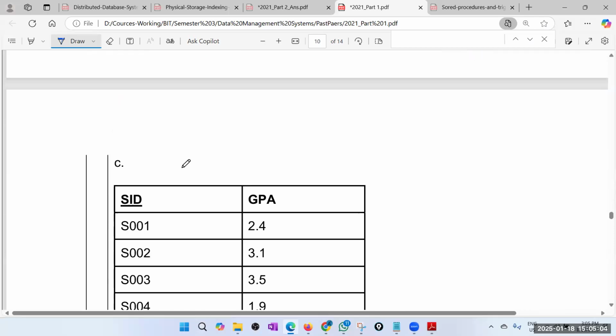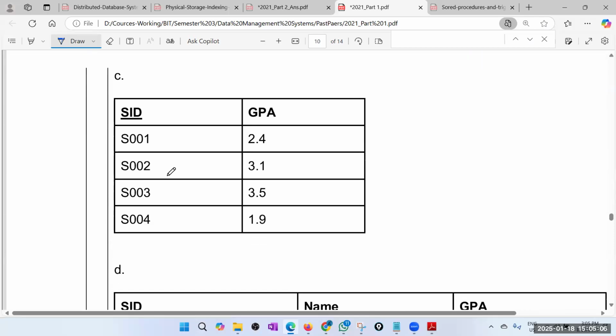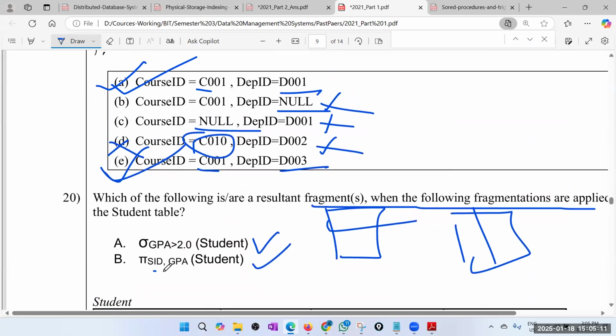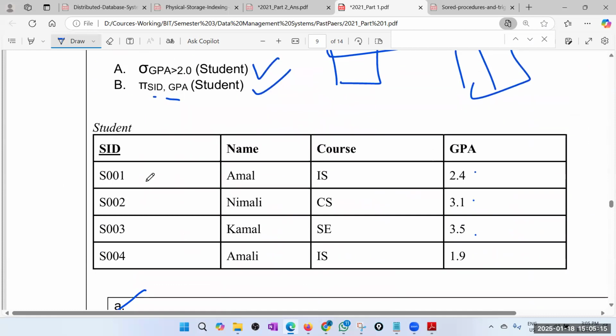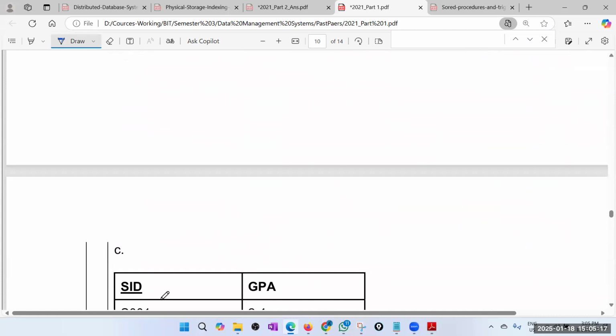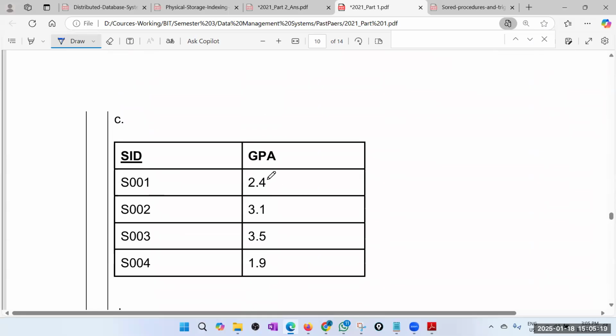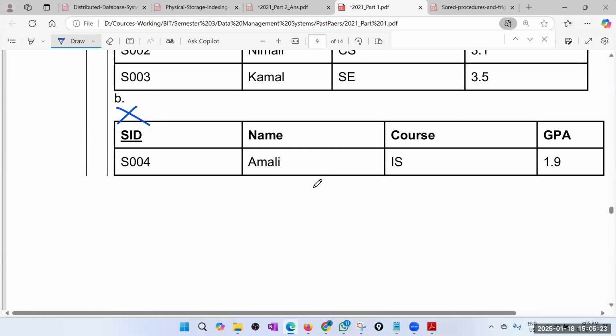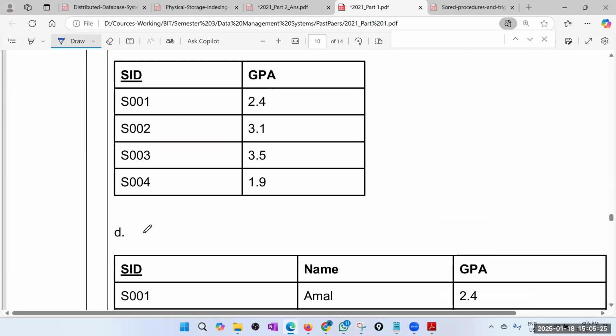C. SID and GPA only is there. Yes, SID and GPA only from student table. That means all the records, but SID and GPA: 1, 2, 3, 4, 2.4, 3.1, 3.5, 1.9. Correct, right? So that is possible. That is the answer.